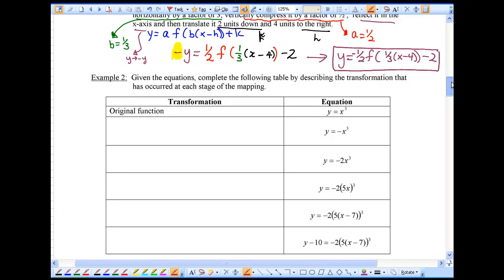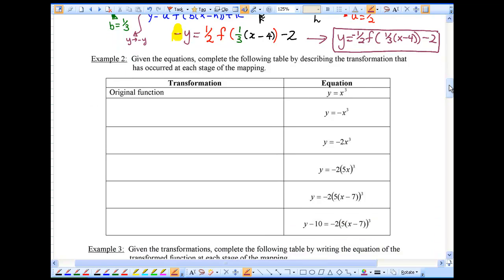Example number 2 says, given these equations, and you'll see the step-by-step change of the equations, I want you to actually describe what transformation occurred going step by step. Alright, so comparing with the original function y equals x cubed, I have a negative outside the entire function x cubed.